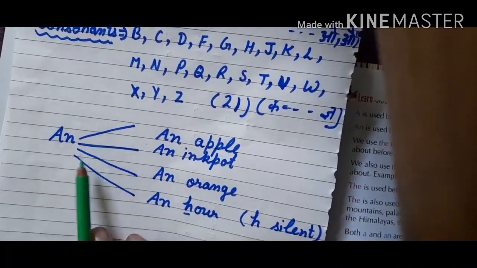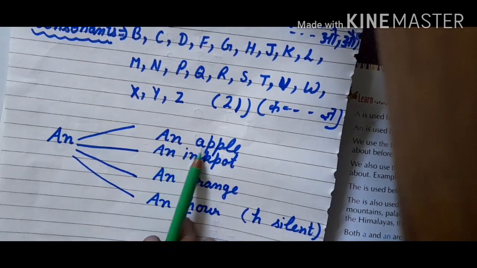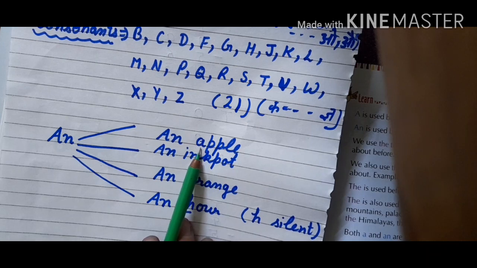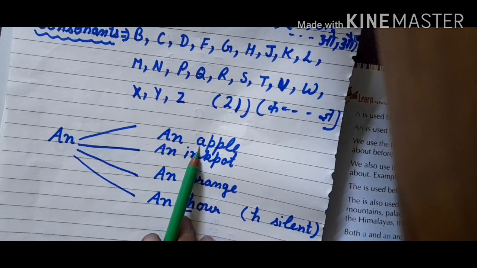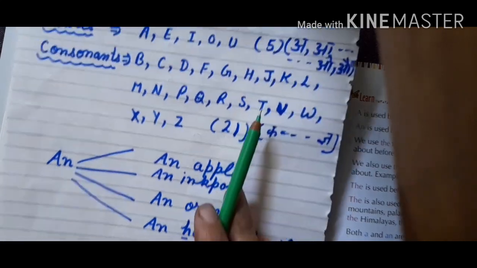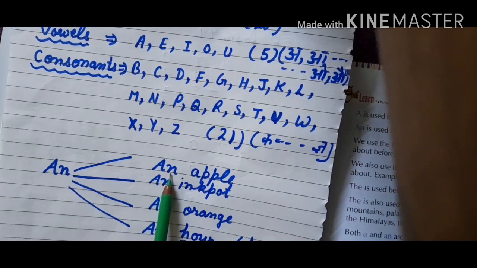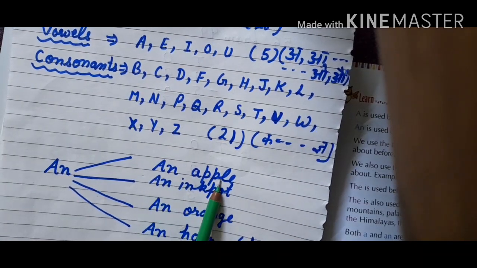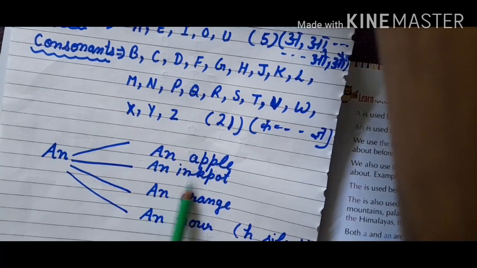Now come to the examples. Here we have a few examples. I have written here an apple. Here the word apple has A at the beginning and it is giving the sound of A. So we will write here an apple. Now come to the next example, an inkpot.